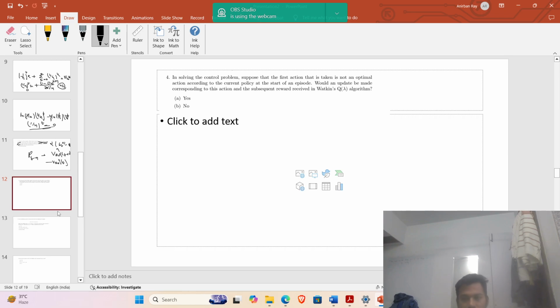So what they have written here is that we have a control problem. So the first action is not optimal. First let's go to what the Q lambda algorithm is here. Let's move methodically and it will be easier to solve it.